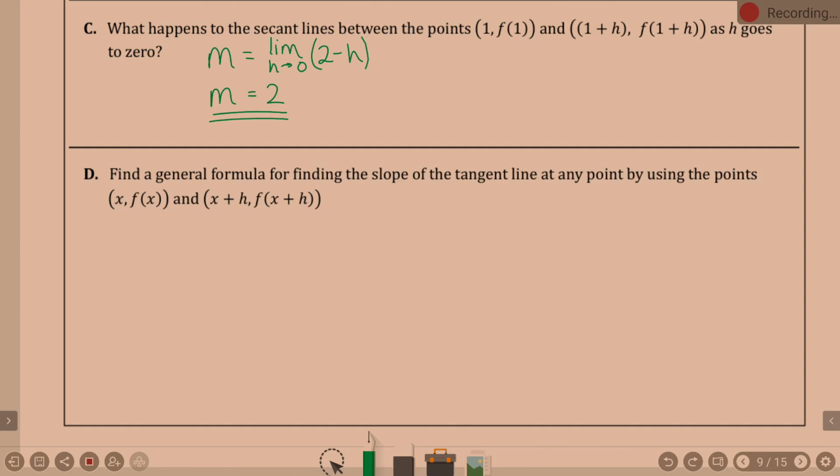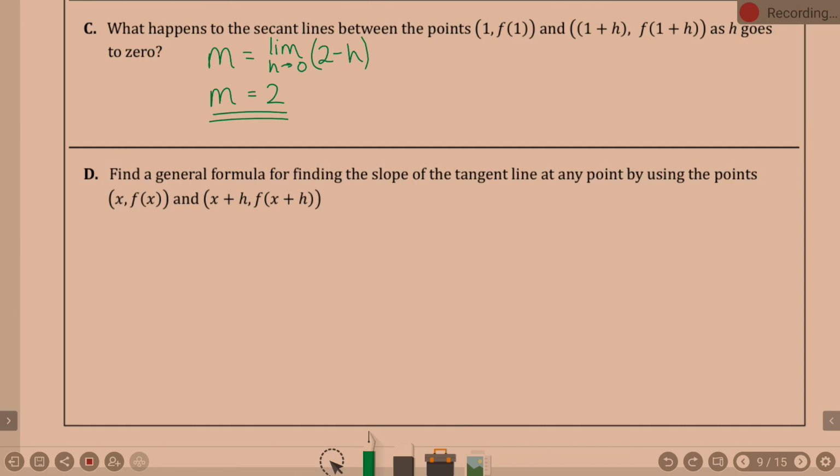Okay, D. Find a general formula for finding the slope of the tangent line at any point by using the points x and f of x and x plus h and f of x plus h. Now, this is going back to using our limit.